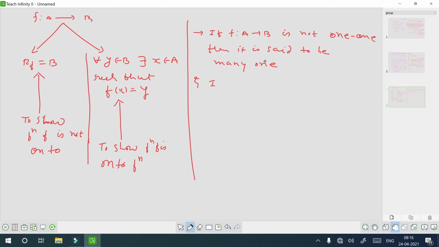And if f from A to B is not onto, then it is said to be into function. Clear? So these are the basic concept of types of function.